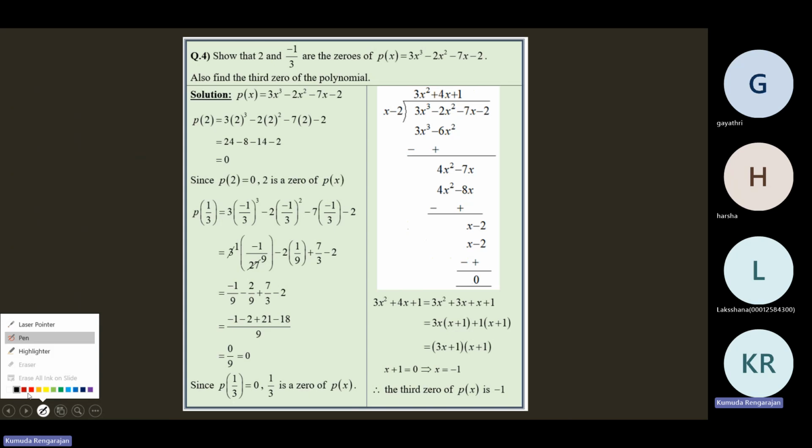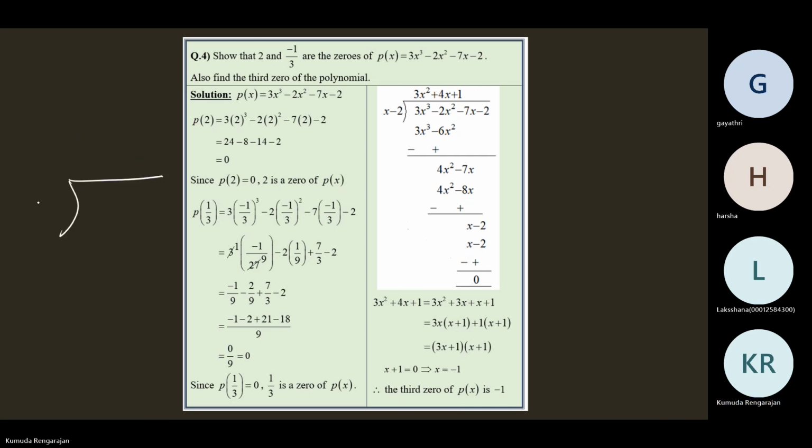Now, when you divide, listen to this. Say 2, 15s are 30. Now, when you divide 30 by 2, what do we get? 15. So 2 times 15 is 30.